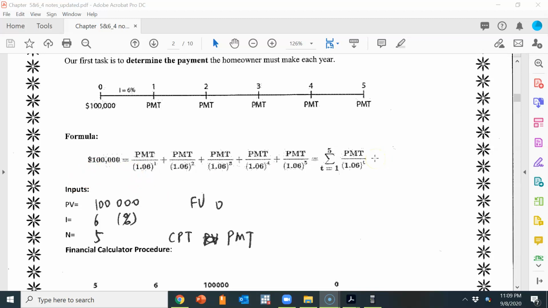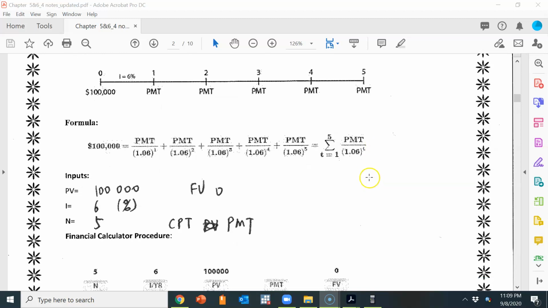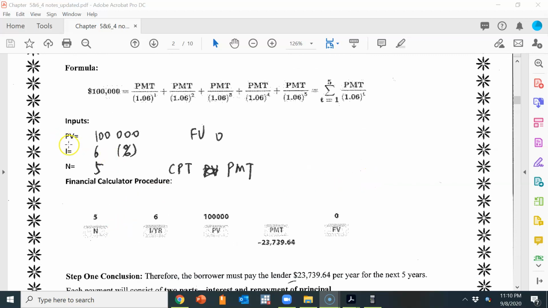Okay, so the easier way is to use our financial calculator to solve for this payment, because we know that the present value is 100,000, the cash inflow we're getting today. The interest rate is 6%, so we can just input 6 in the calculator. For n, we can input 5. We have 5 years. For future value, we know we're going to pay off the loan.